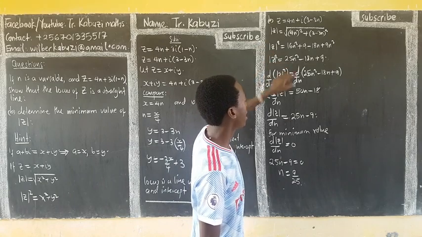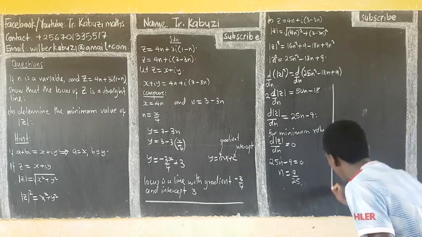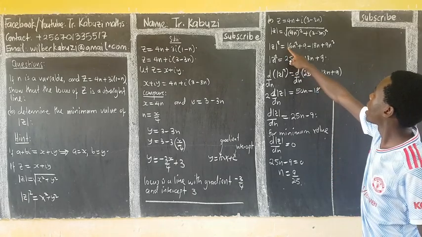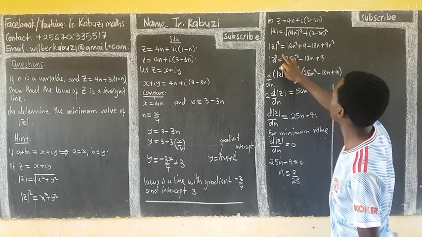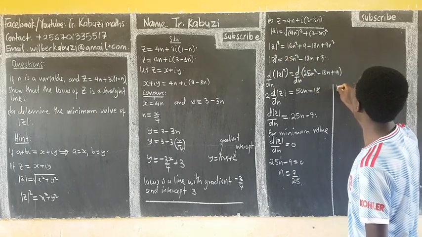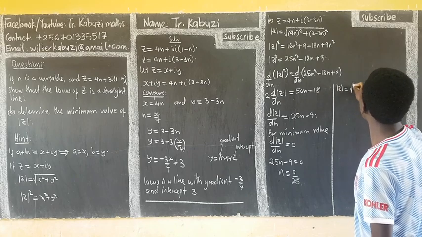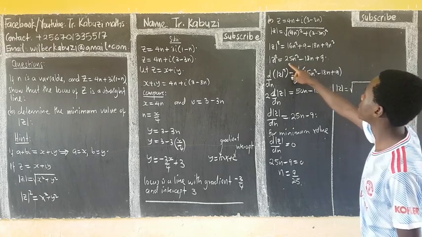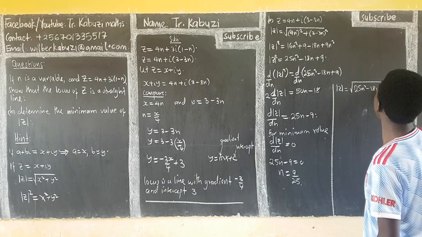Then I come back and substitute it there again. So from modulus z at this n, equal to the square root of, when you square this, the whole of this, 25n squared minus 18n plus 9.